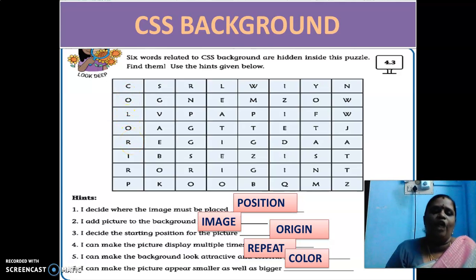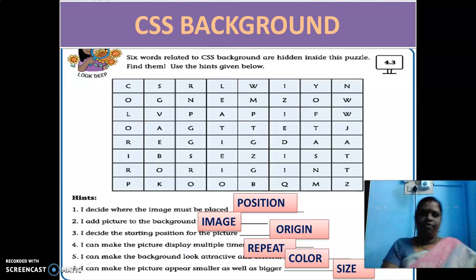The next question. I can make the picture appear smaller as well as bigger. What is the answer for this? Size. S-I-Z-E. Size. This is the answer for the sixth question.